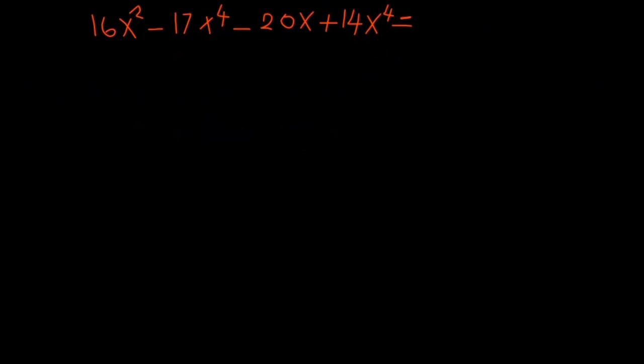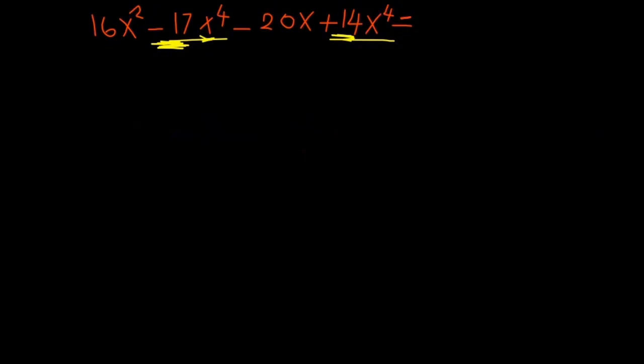So I'm going to say negative 17x to the power of 4 plus 14x to the power of 4. I'm going to take them together. Look at the coefficients. Again, the coefficient is the number which is before the x in the same term. So I have negative 17 plus 14.